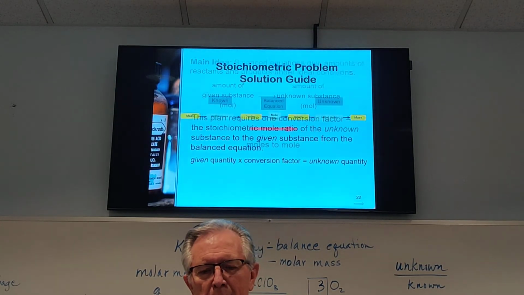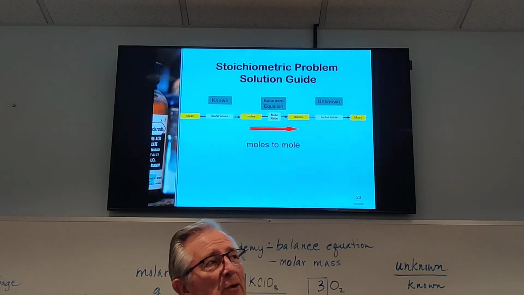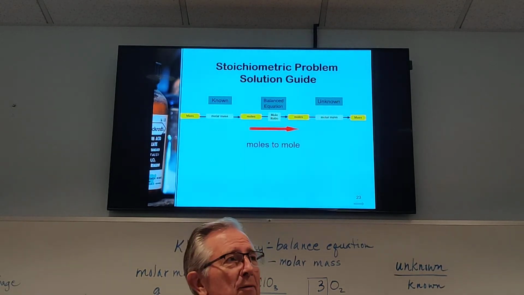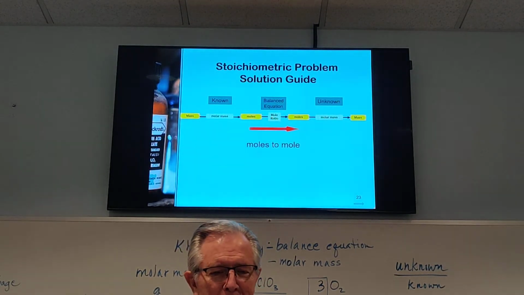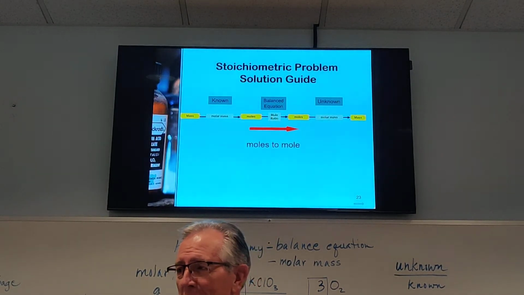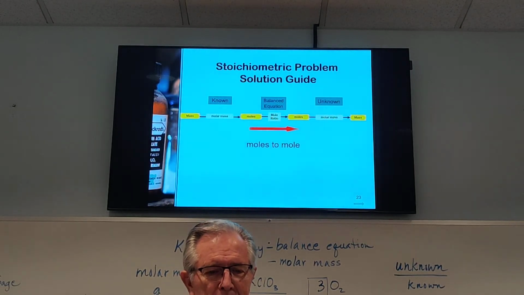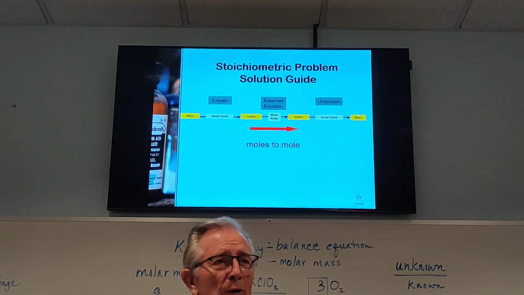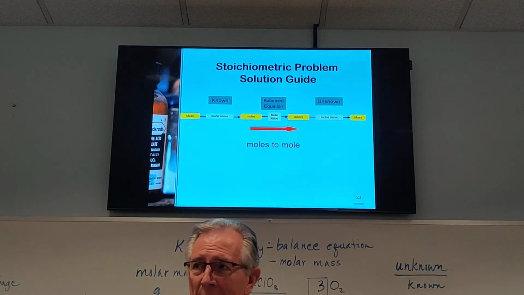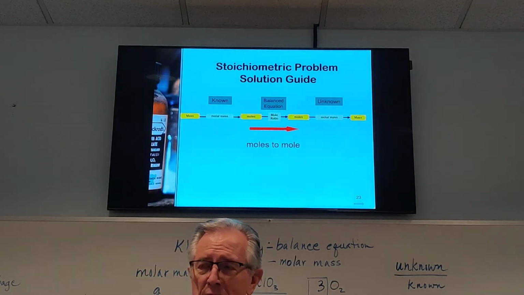So in a more colorful fashion than what's up there, because our printer can't print color, that's basically what you have on your sheet in front of you. This is the whole thing that you have up there. What we're talking about now is just moles to moles.